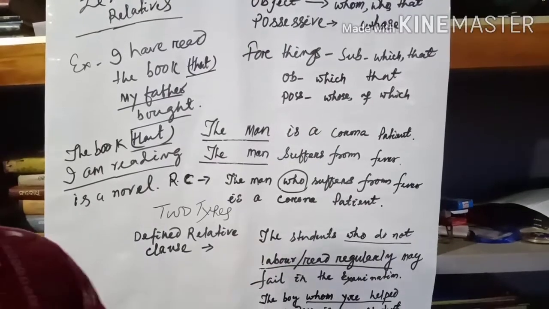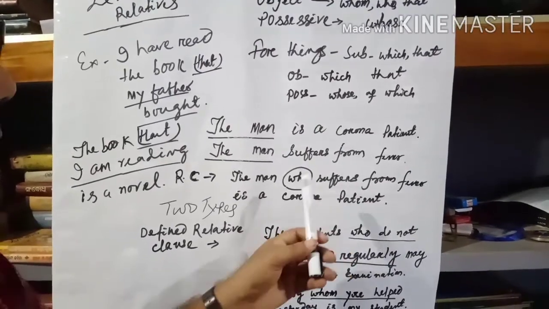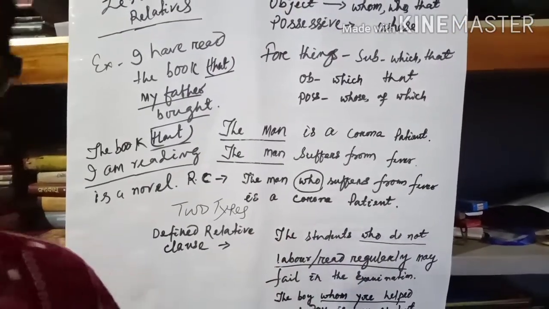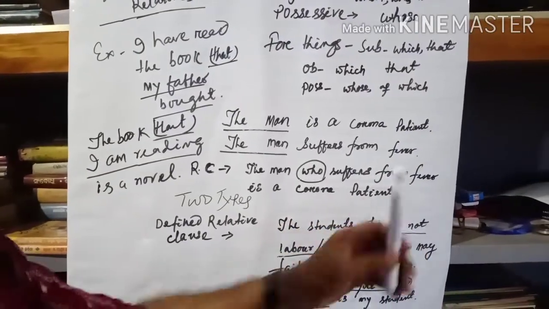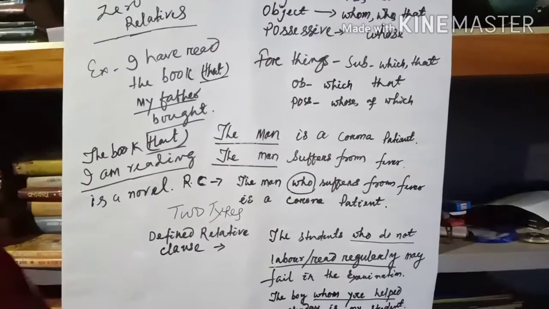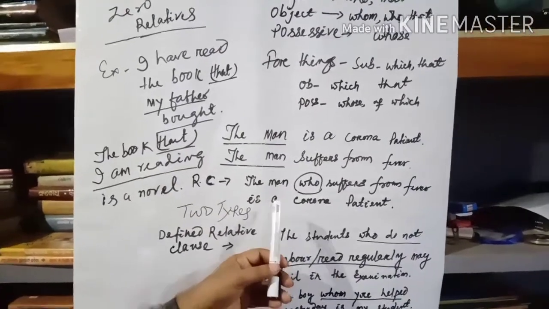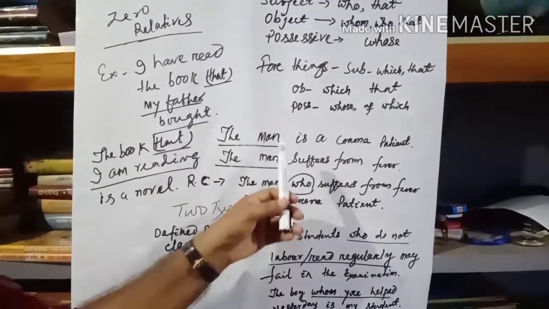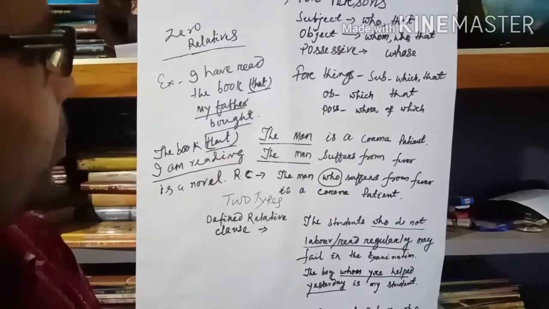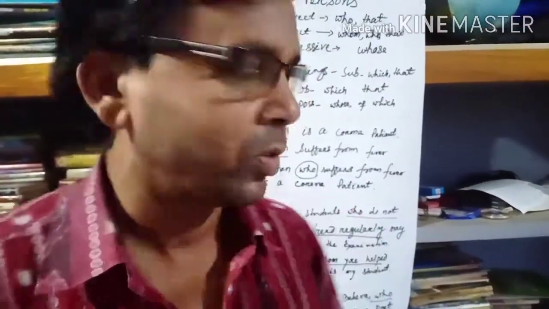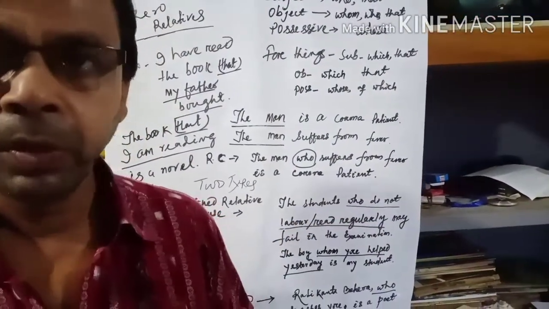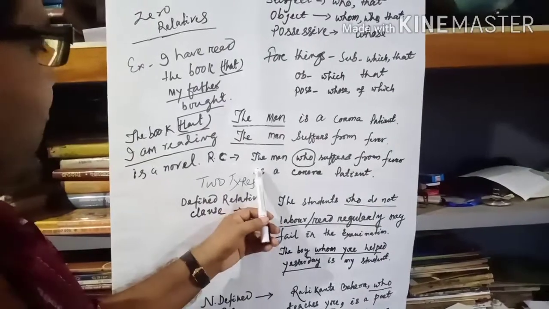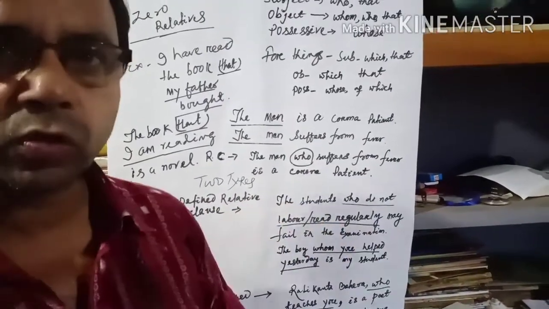And next, what is the function? We must put the entire relative clause after the relative pronoun who. Here, suffers from fever. And then we have to write the entire part of the first sentence which is left, that is a corona patient. Now, the sentence is a relative clause.